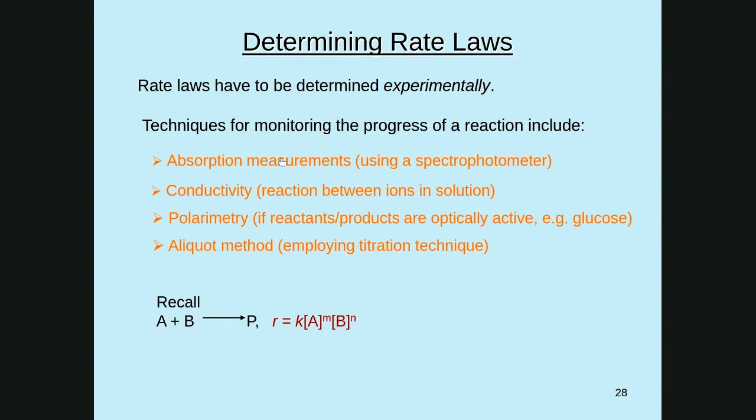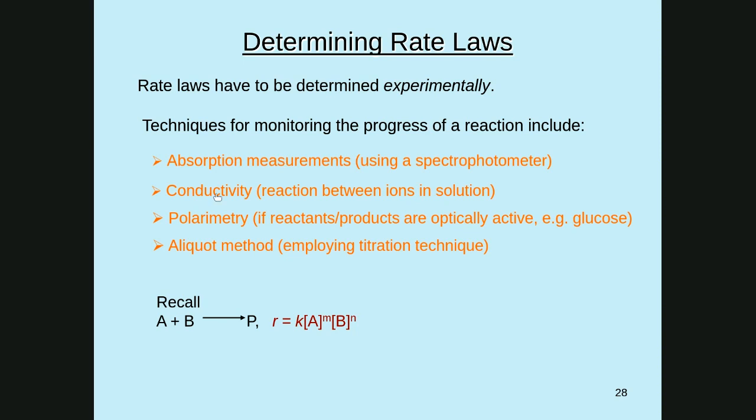You measure the absorbance of the reaction mixture at that frequency, which is an indication of the concentration of that reactant. It's actually directly proportional to that concentration. As the reactant is being used up, you will see the peak height gradually decrease, and you can draw your conclusions from that.